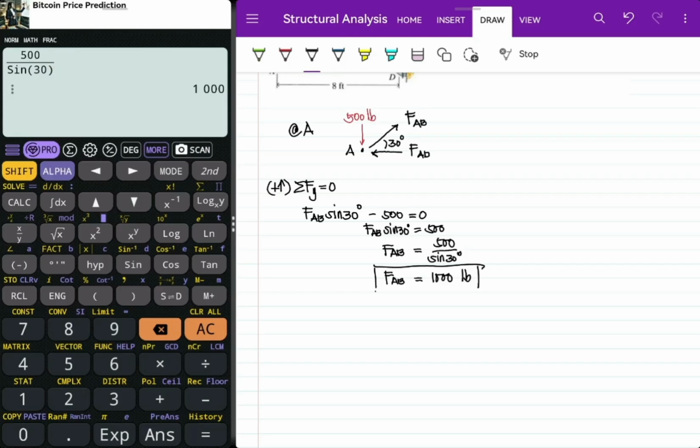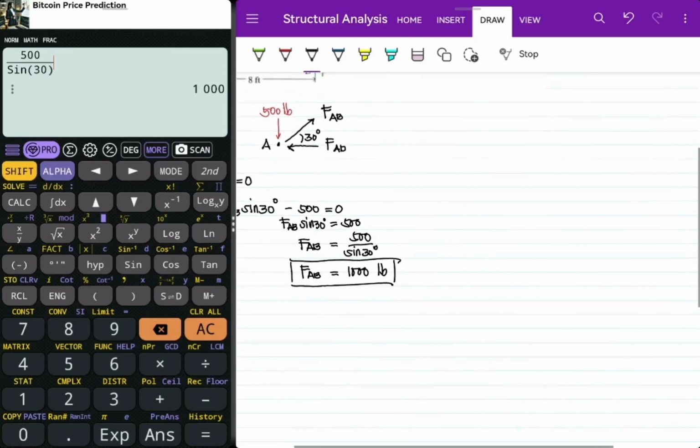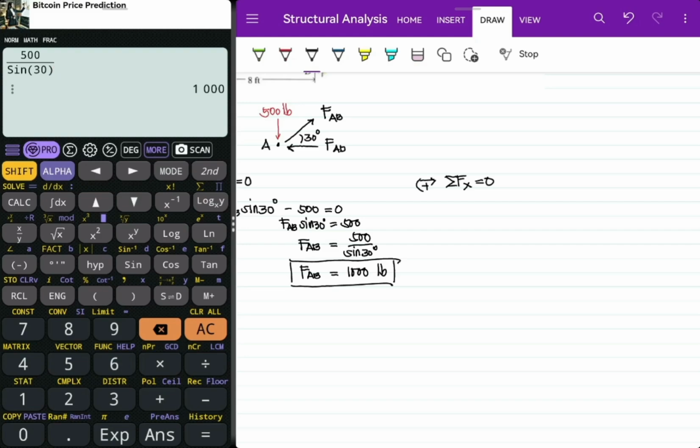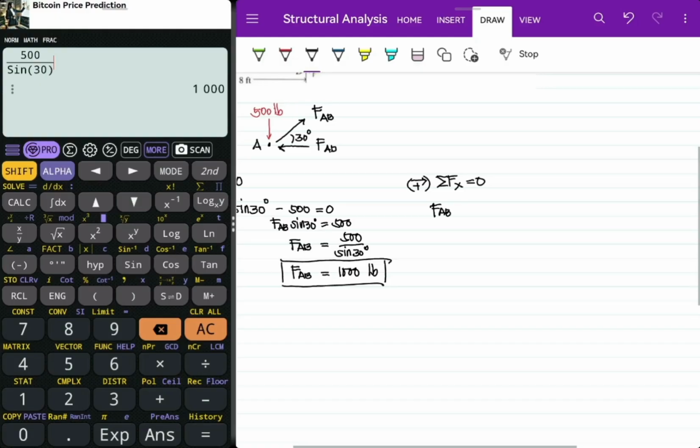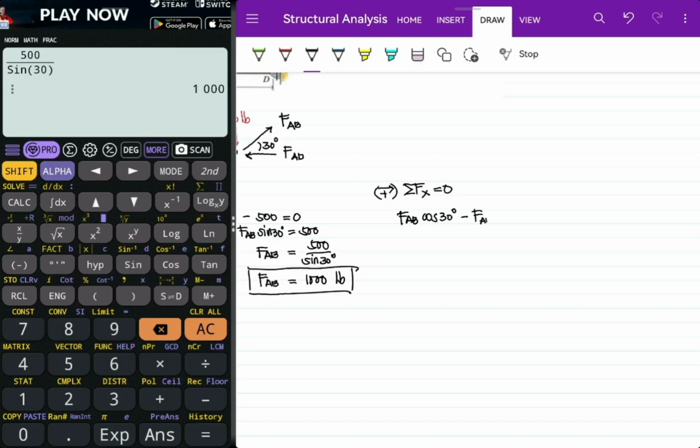Box your final answers. And then summation, we do it here. Summation of forces X is equal to 0, assuming to the right is positive. Therefore, we have FAB cosine of 30 degrees minus our unknown, which is force AD, is equal to 0.